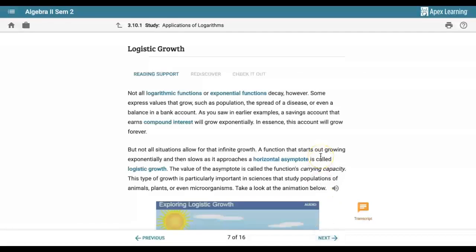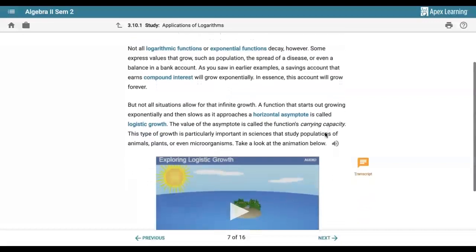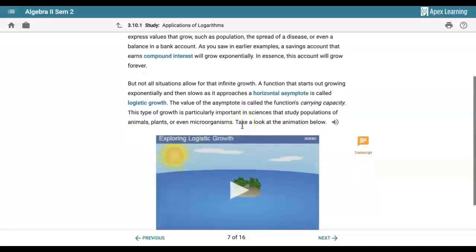All right. We can also look at these functions as growth functions, not only decay functions. And we saw earlier examples of course of compound interest. However, there are some that will not allow for infinite growth. So it could start out growing really, really quickly, and then it can approach a horizontal asymptote.